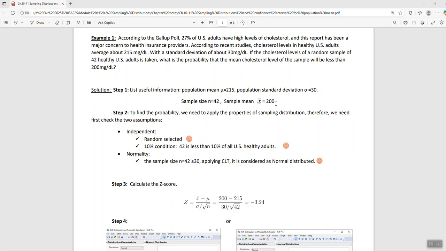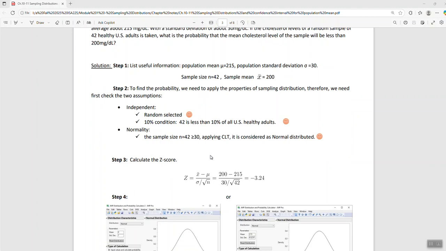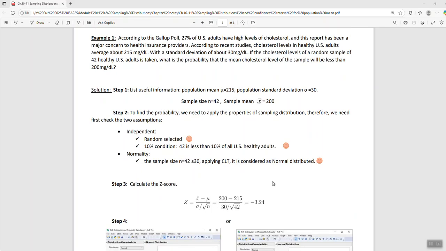Based on that, we check the assumptions, and then we can calculate the z-score based on our formula. In this case, the z-score is negative 3.24. In the previous semesters or in the previous course, you may have learned how to use the z-table or t-table to find the corresponding probabilities.